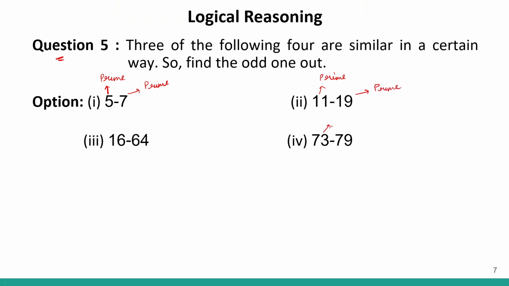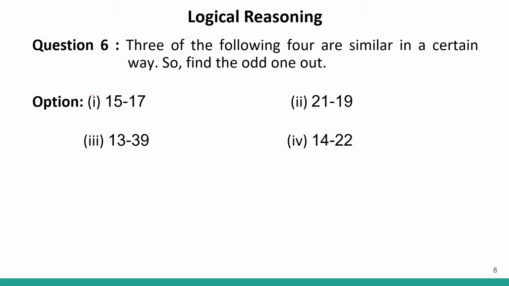Correct? Over here also 73 is a prime number and 79 is also a prime number. But over here 16 and 64, these are both composite numbers. They are different. Hence, my answer will be option number 3, 16 and 64. Okay?